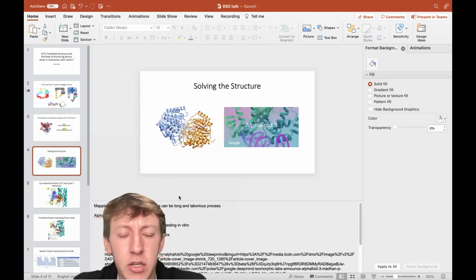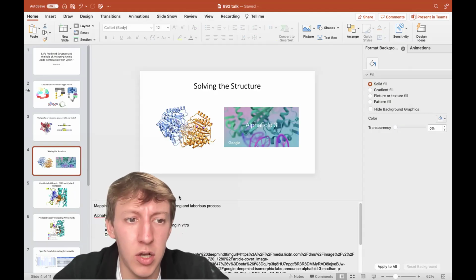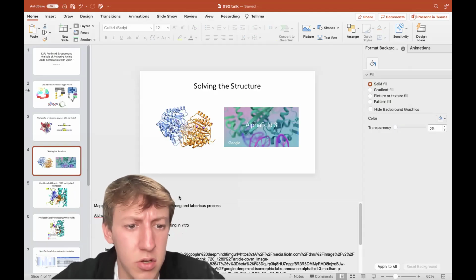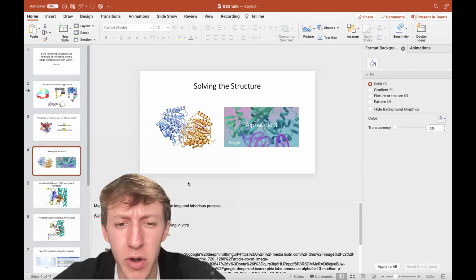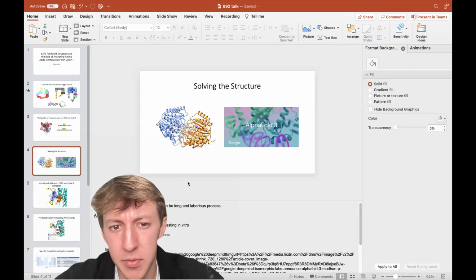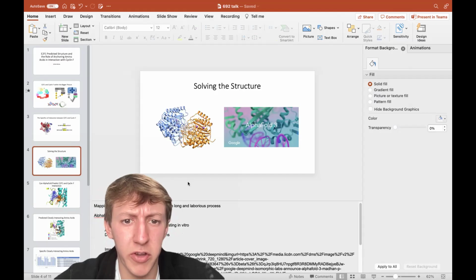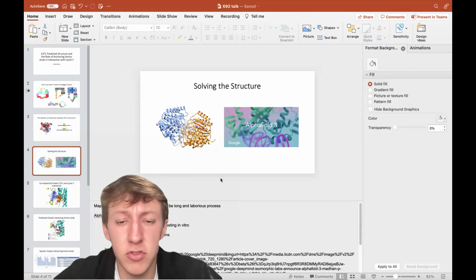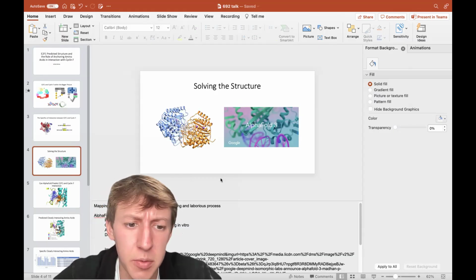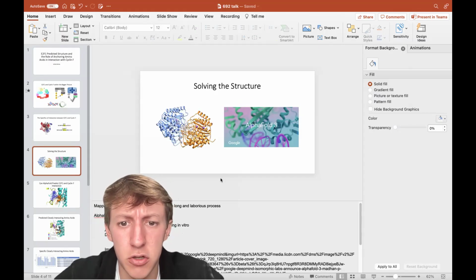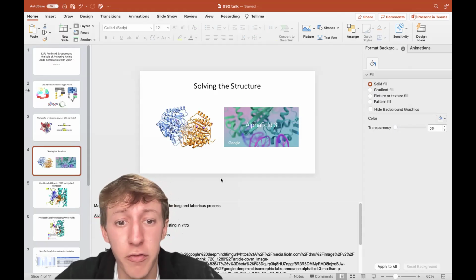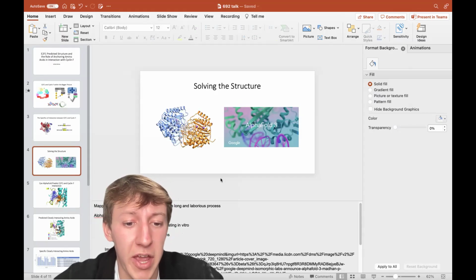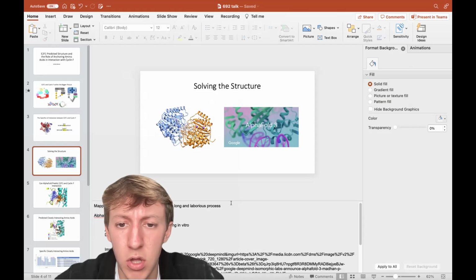And then so continuing, trying to solve this structure and solve some of these questions. The mapping of interactions between proteins in the lab, in vitro, can be very laborious. It can be very long. It can be very difficult. And so the method that I have chosen to investigate some of these questions is AlphaFold 3, which is a predictive AI-powered analysis tool.